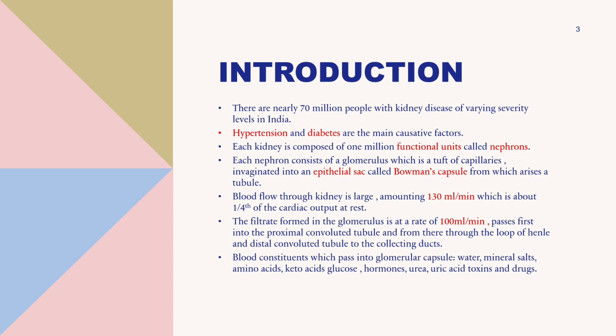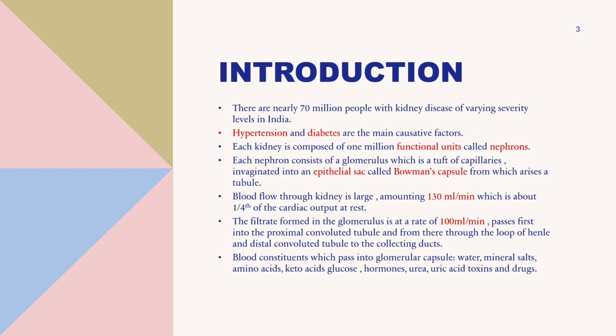Blood flow through the kidney is large, amounting to 1300 ml per minute, which is about 1/4 of the cardiac output at rest. The filtrate formed in the glomerulus at a rate of 100 ml per minute passes first into the proximal convoluted tubule, also commonly known as PCT, and from there through the loop of Henle and distal convoluted tubule, in short known as DCT, to the collecting duct.